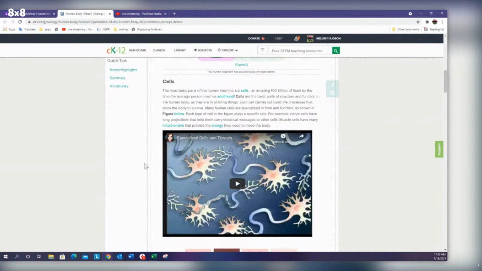These look like nerve cells and tissues here. They have long parts on them that carry an electrical message to other cells. There's a little space in between, and then you have these long, fingerlike parts. Muscle cells have mitochondria, which provide the energy.